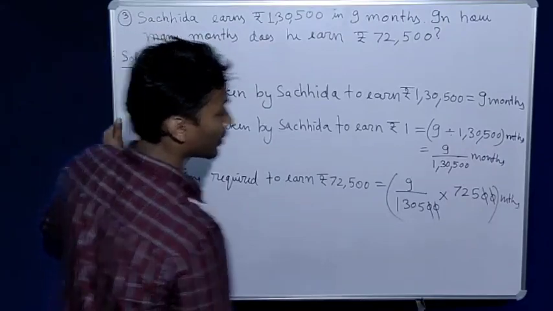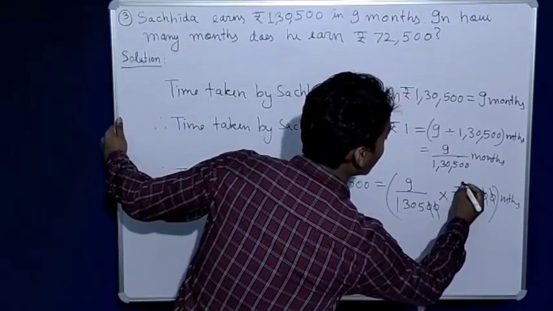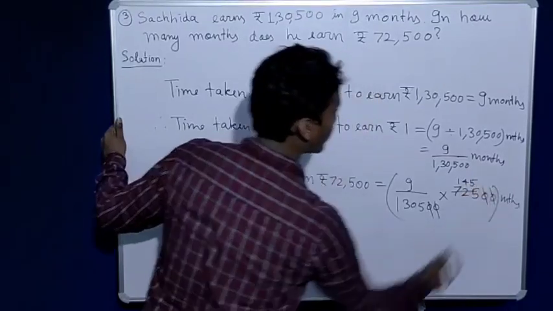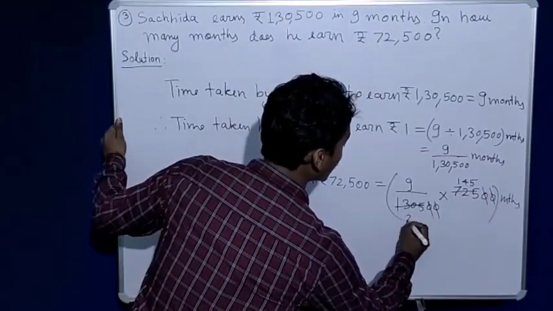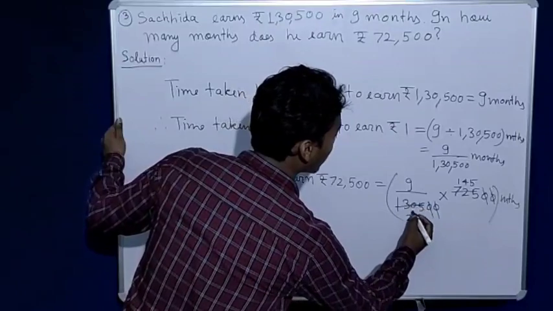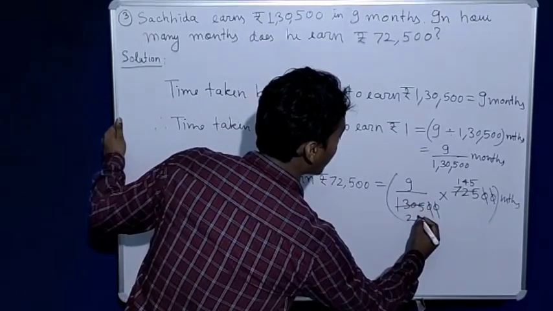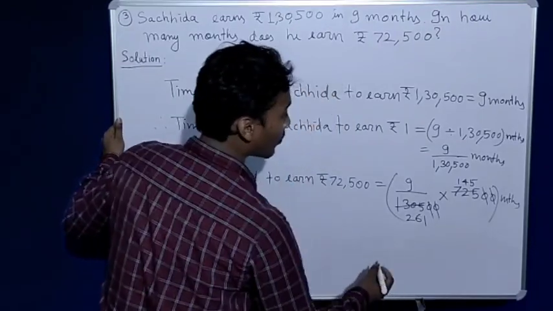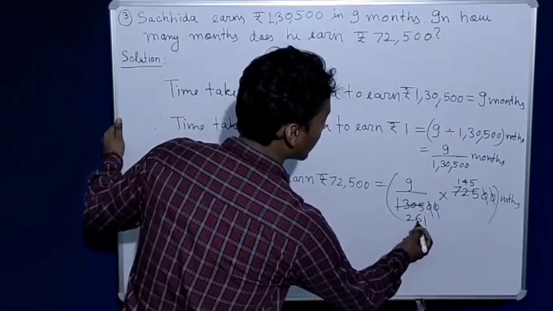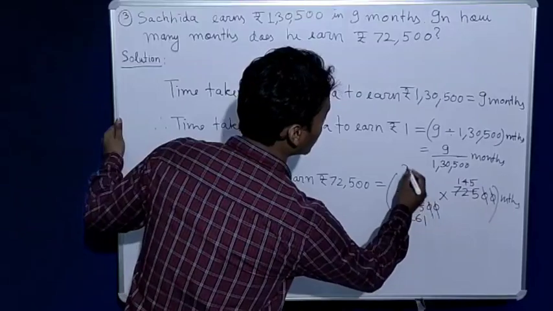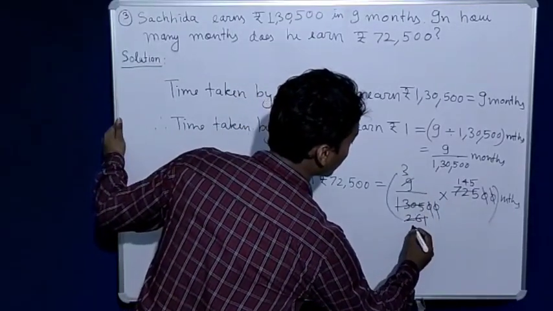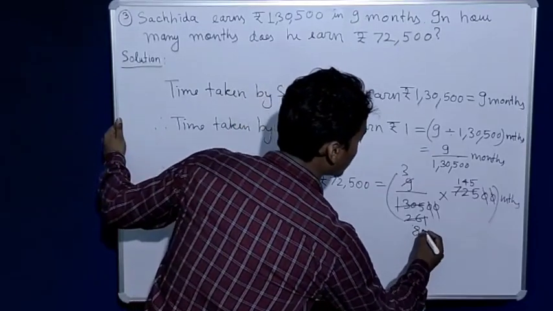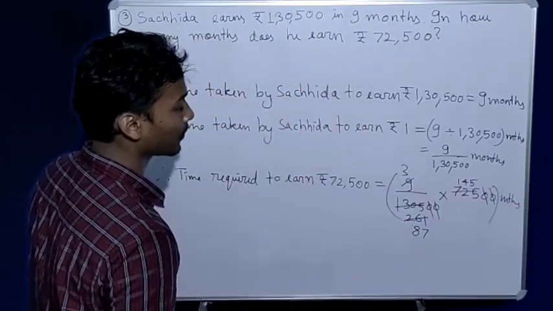Now 5 2s are 10, carry 1, 5 6 are 30, 5 1s are 5. Now we can divide this by 3, 3 3s are 9, 3 8s are 24, 3 7s are 21.